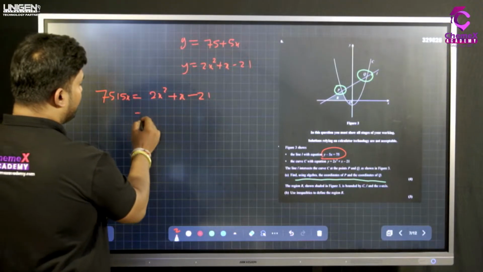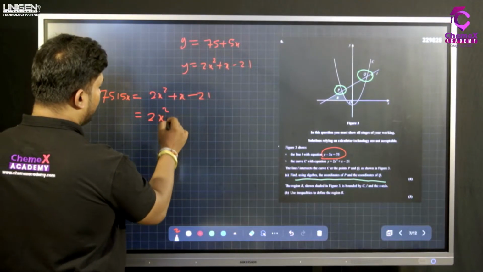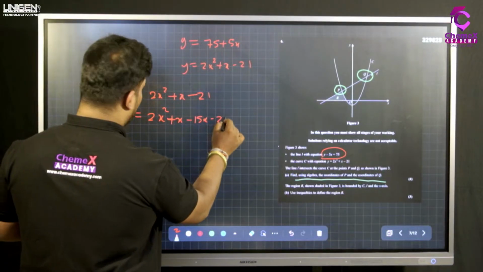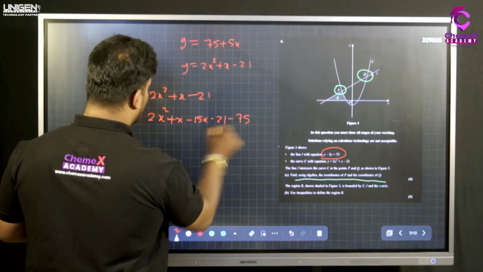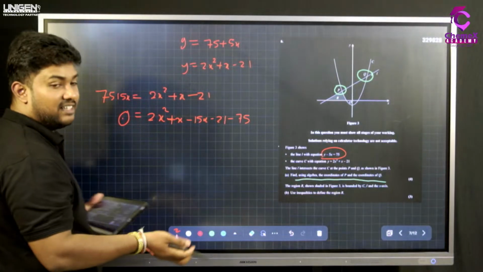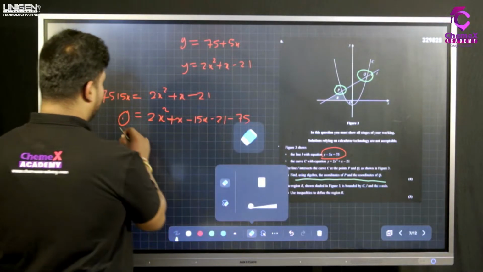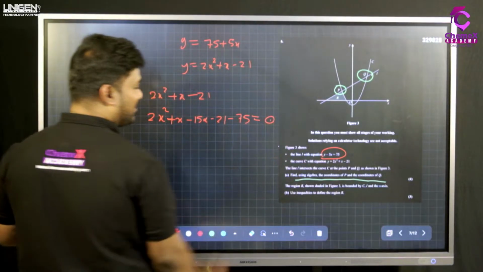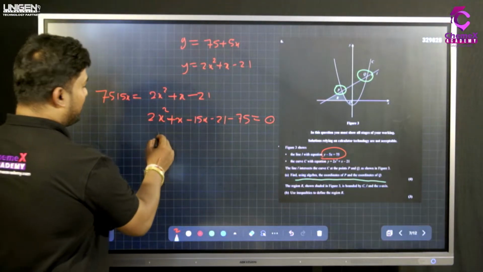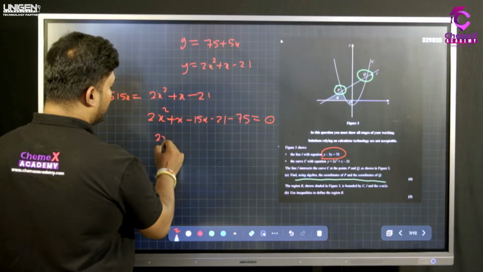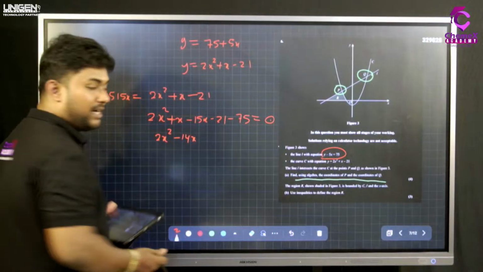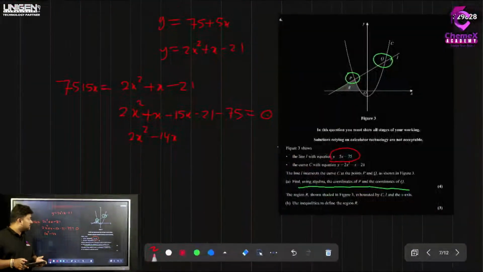So let's take all the terms to the other side. 2x squared plus x minus 15x minus 21 minus 75. So this side is 0. You know that either side can be equal to 0, so the usual way we'll put 0 on the other side. So this is going to be 2x squared minus 14x, and what's minus 21 minus 75?